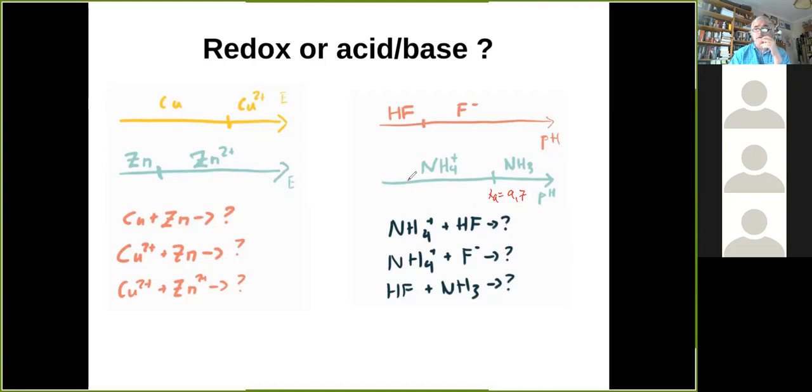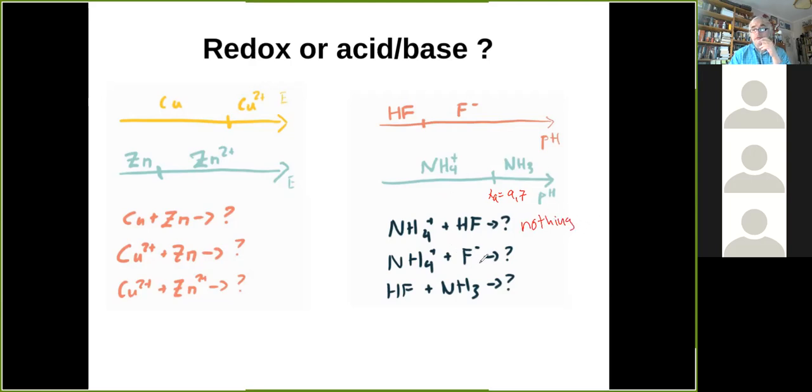Well, ammonium ions can exist at low pH values, also at high, but also at low. And HF molecules can exist at low pH values. So probably nothing happens.